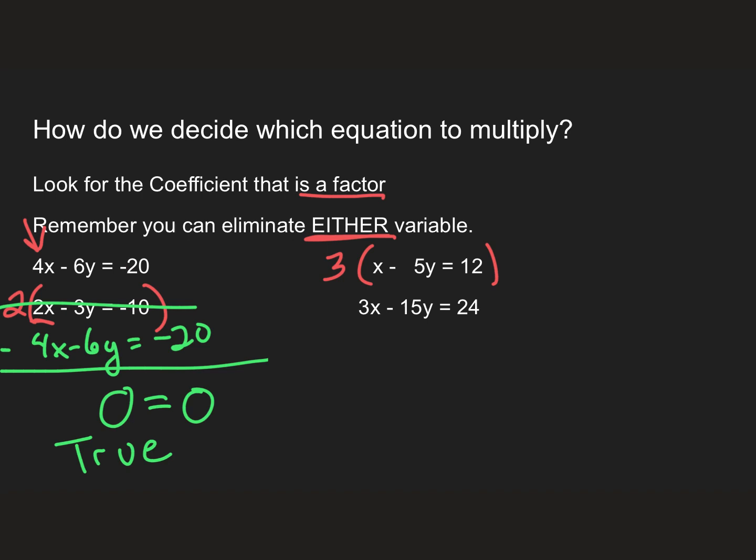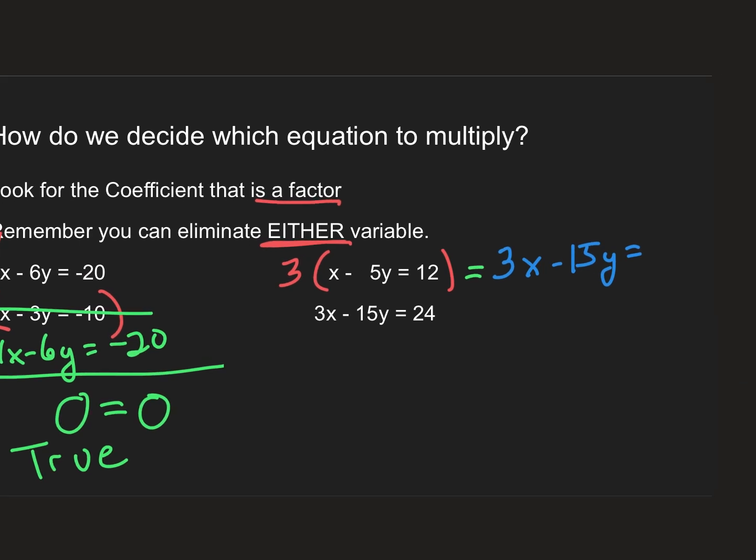Okay, so let's look at this next one. When I multiply by 3, that equation becomes 3x minus 15y equals 36.